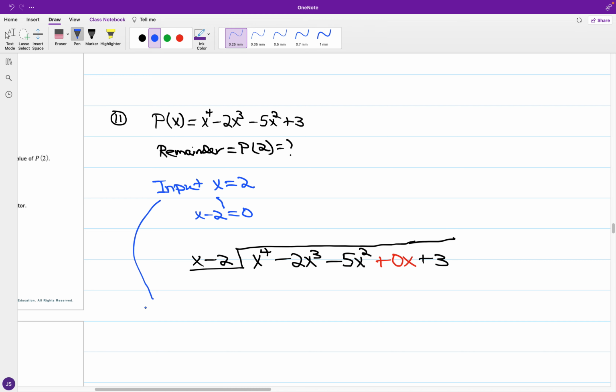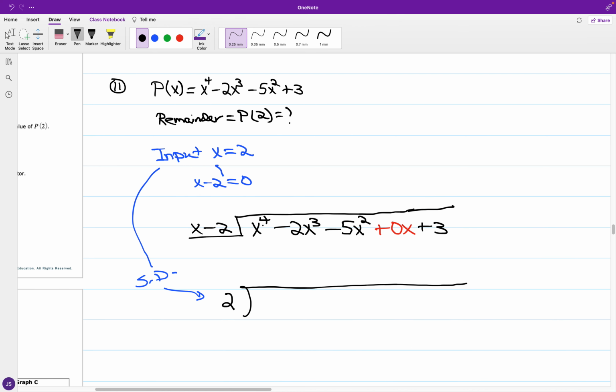Again, in synthetic division terms, the 0 of x minus 2 is 2. For the coefficients of the dividend, you have 1 for x to the 4th, negative 2 for x cubed, negative 5 for x squared, 0 for the missing x, and 3 for the constant at the end.